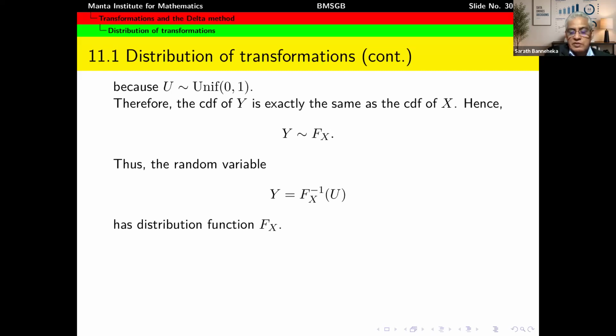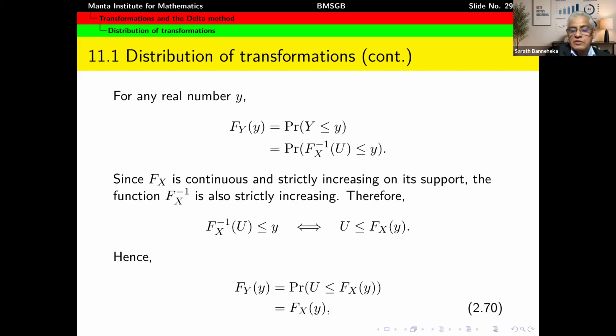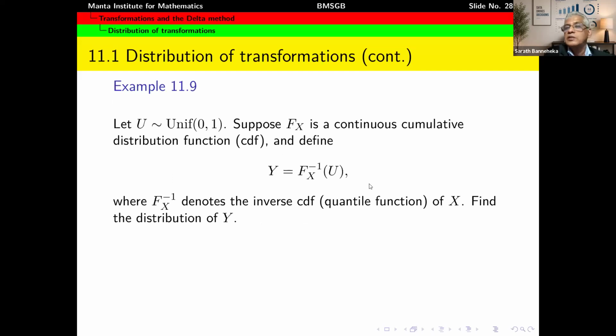So what is the use of this? We can use this theorem or result to get data from any distribution, starting with a uniform distribution. Suppose you start with some uniform data U, and you want to get data from some distribution with a given CDF F_X.